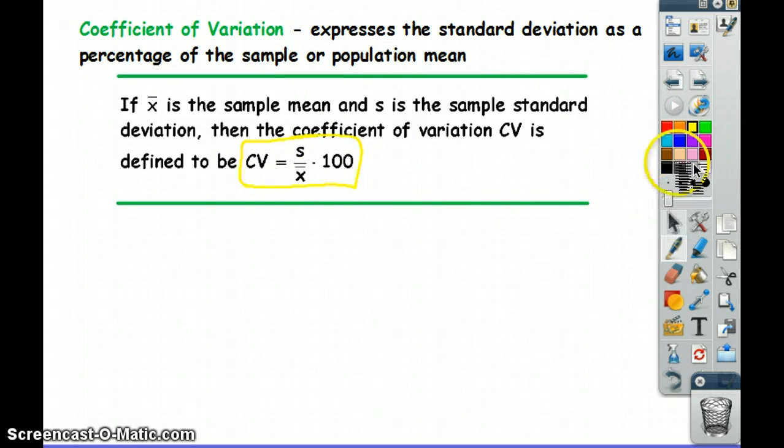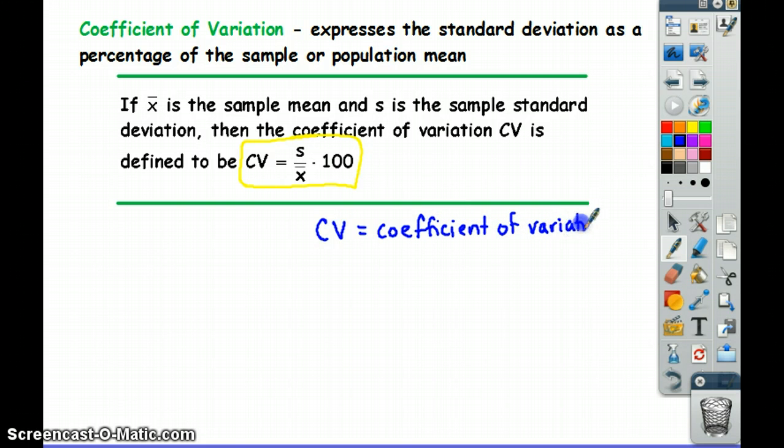CV stands for coefficient of variation. And all we do is we take S, the standard deviation, divide by that X bar, the mean, and then to convert that to a percentage, we multiply by 100.